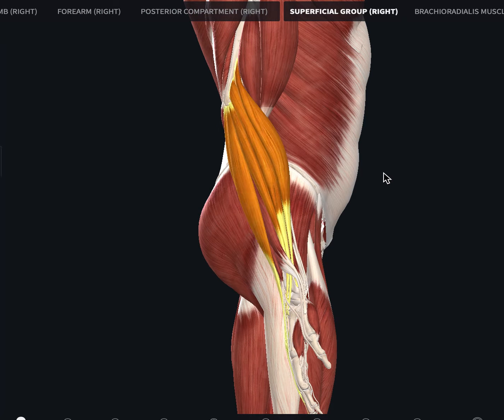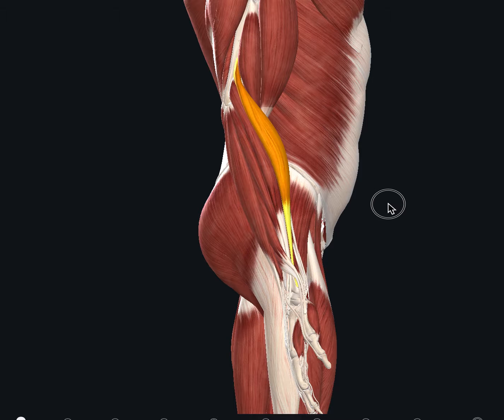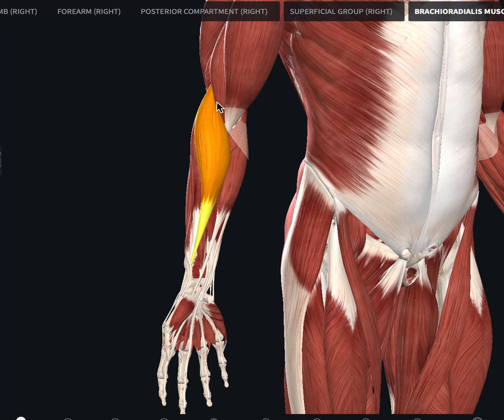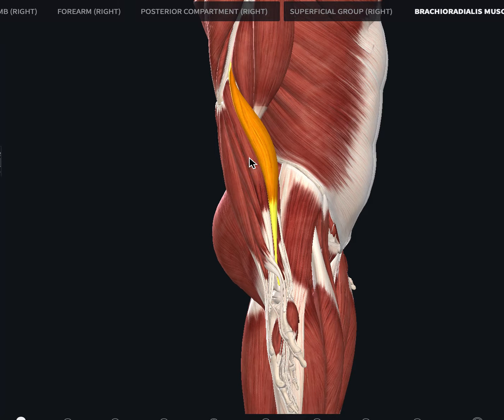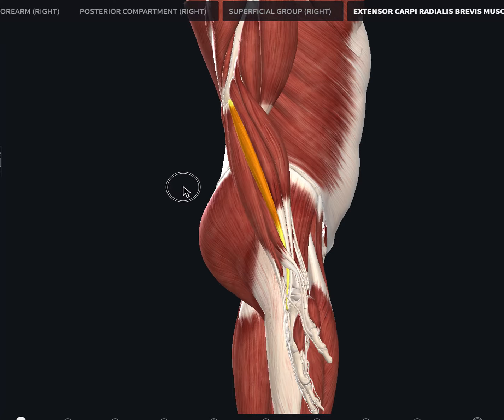The superficial group includes the brachioradialis, which is the biggest muscle. Even though you might think it forms the anterior compartment, it actually is part of the posterior compartment. Then, according to our classification, we have extensor carpi radialis longus, because it has a long tendon. The next one next to it is extensor carpi radialis brevis.